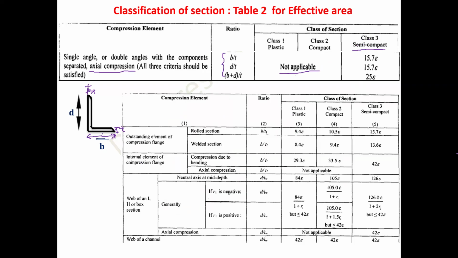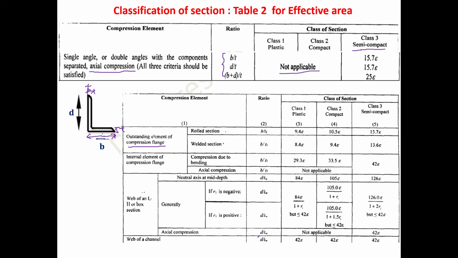One we have that is for outstanding element of compression flange, means this is for flange, rolled section and welded section. And then we have for web, that is for I section, we can find from this. And for web of channel, we have these values.